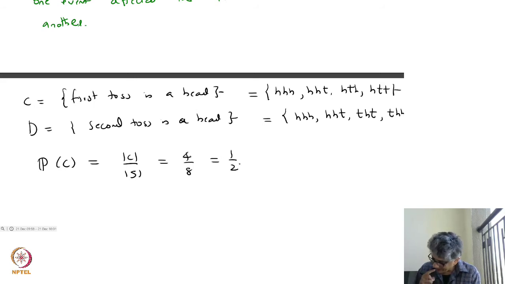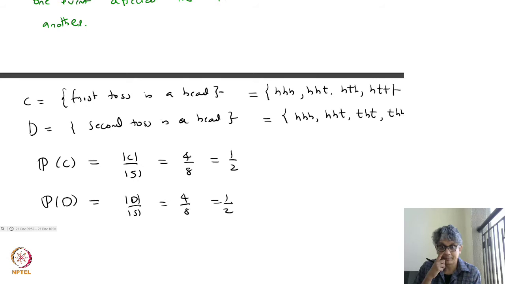And probability of D is again the same way: size of D divided by size of S is again 4 by 8, again 1/2.